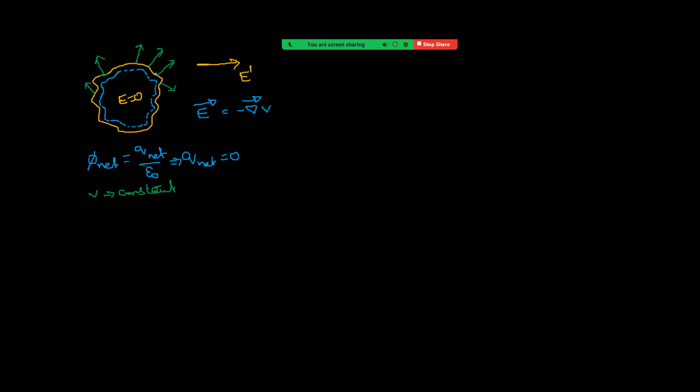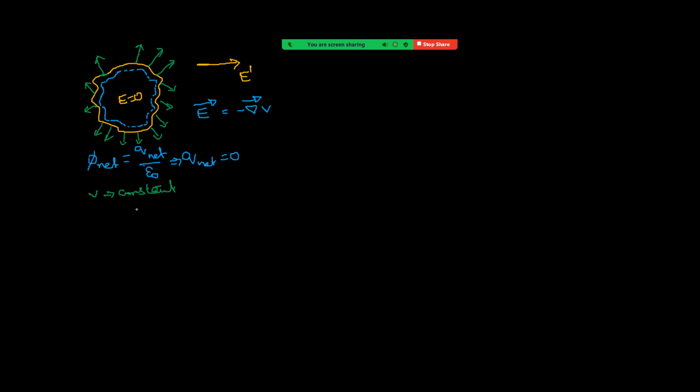We have earlier learned that on an equipotential surface, the field is normal at each and every point on the surface.